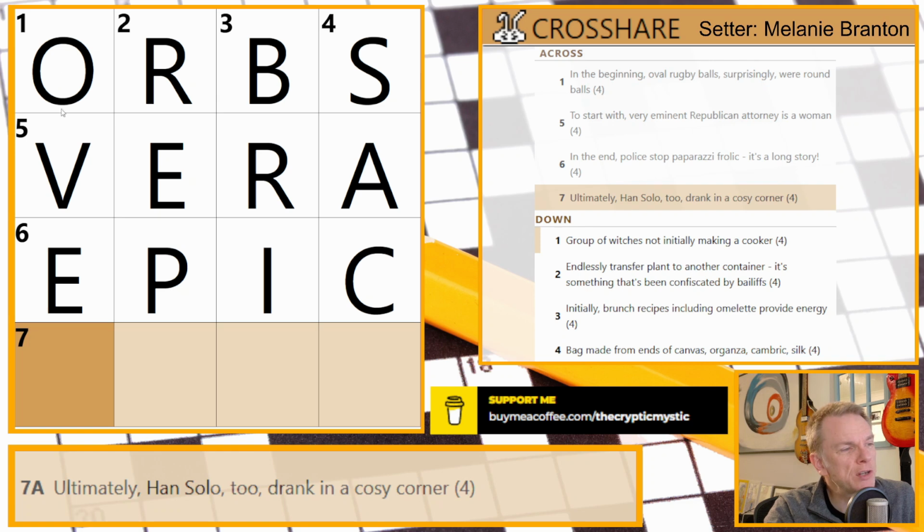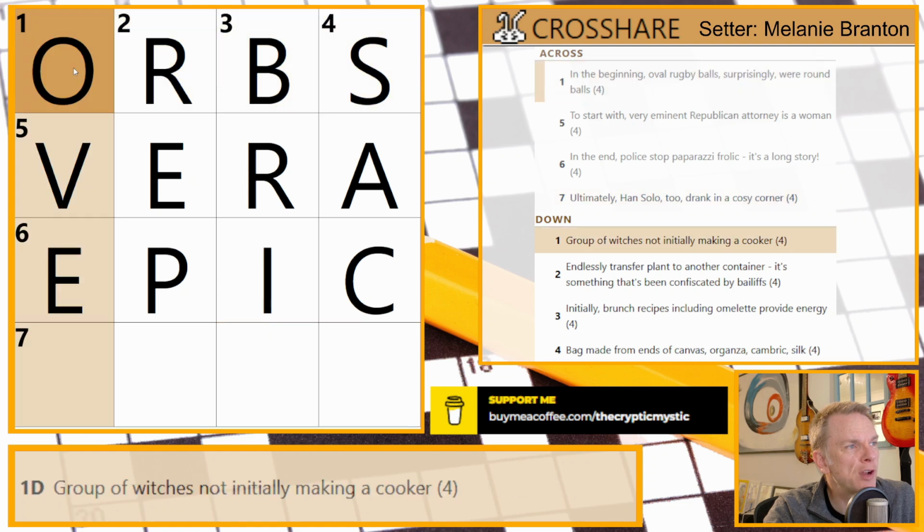So what I'll do now is switch to the downs, so we see most of the clues before we solve the whole thing. But let's try one down now. Group of witches, not initially, making a cooker. Where's the wordplay there? Can you see that word there, initially? But what is it? It's "not initially." So what's that saying? It's saying take the initial letter off of something.